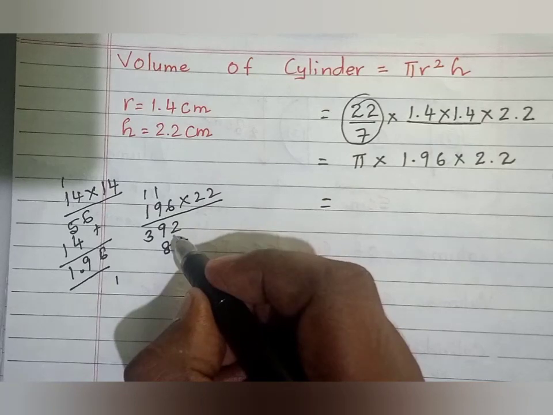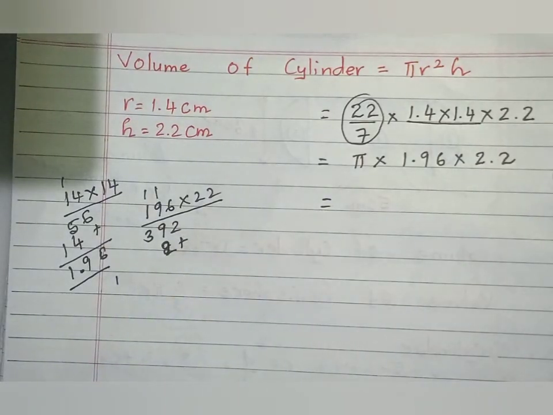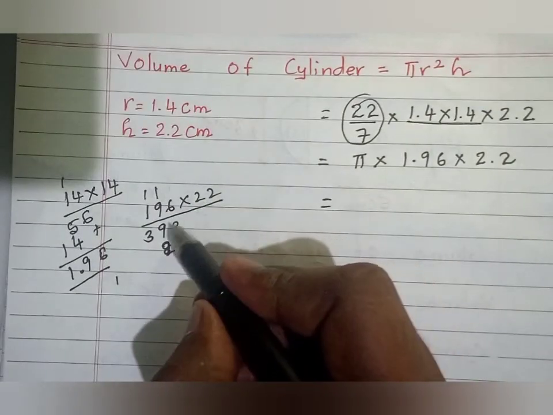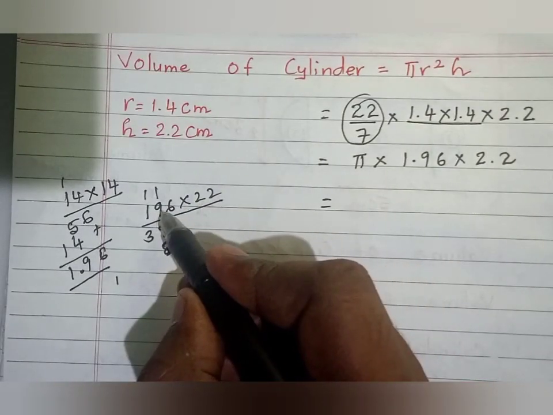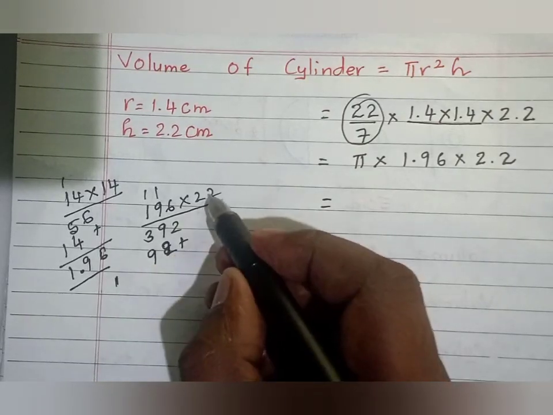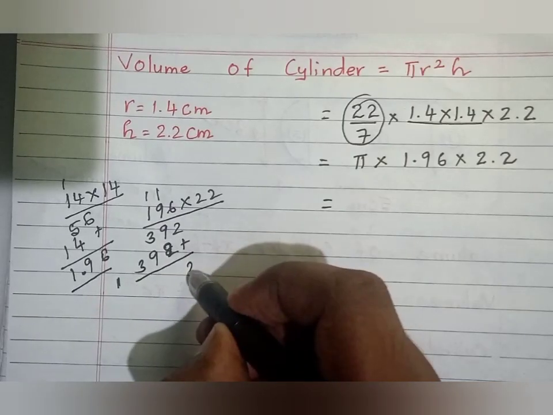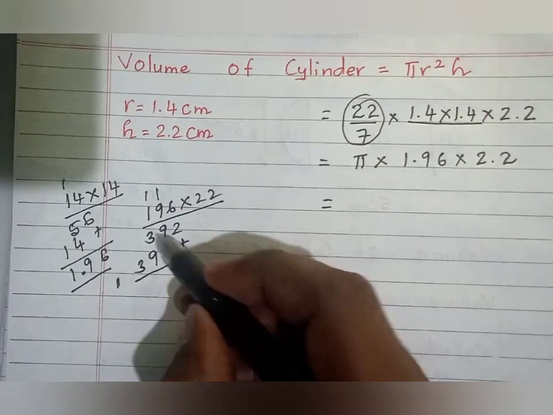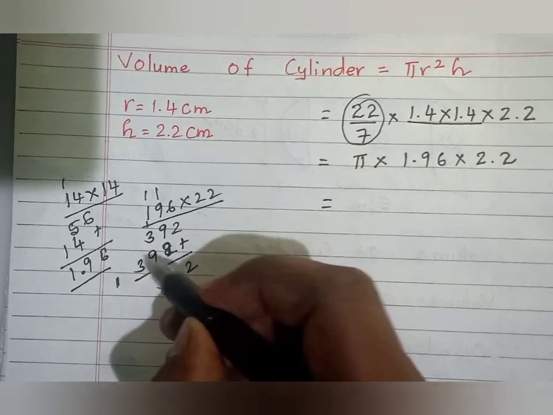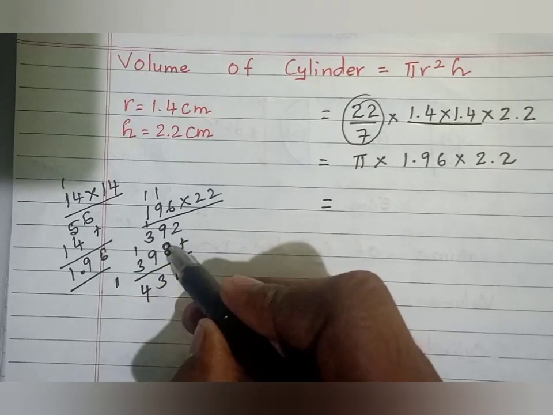2 sixes are 12. So that is 2, 1 carry. So put the decimal point before 3 numbers.